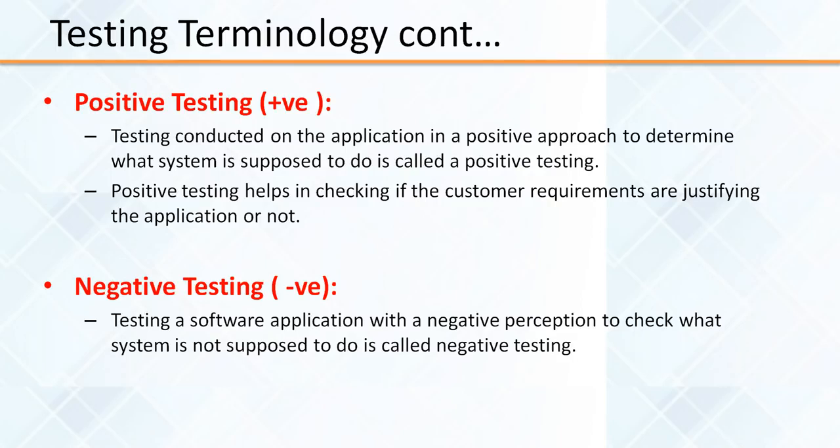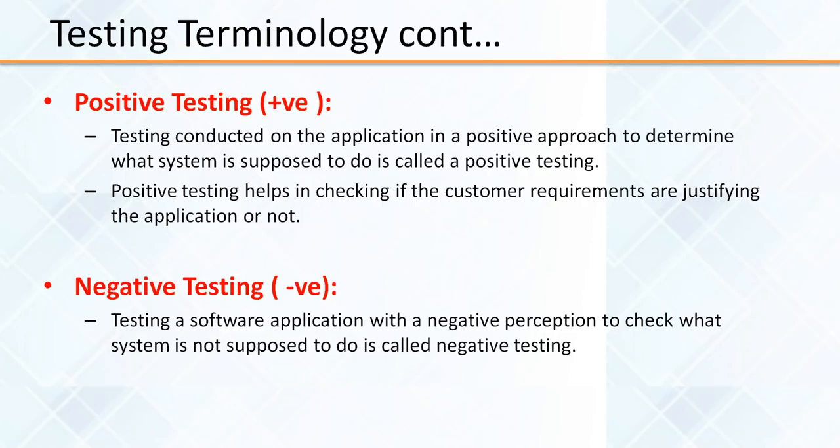When they conduct testing, whatever inputs are valid will work, and they think the testing is completed. No, some inputs will work fine, but if I give some negative inputs, the application should not work. So that is also our expectation.